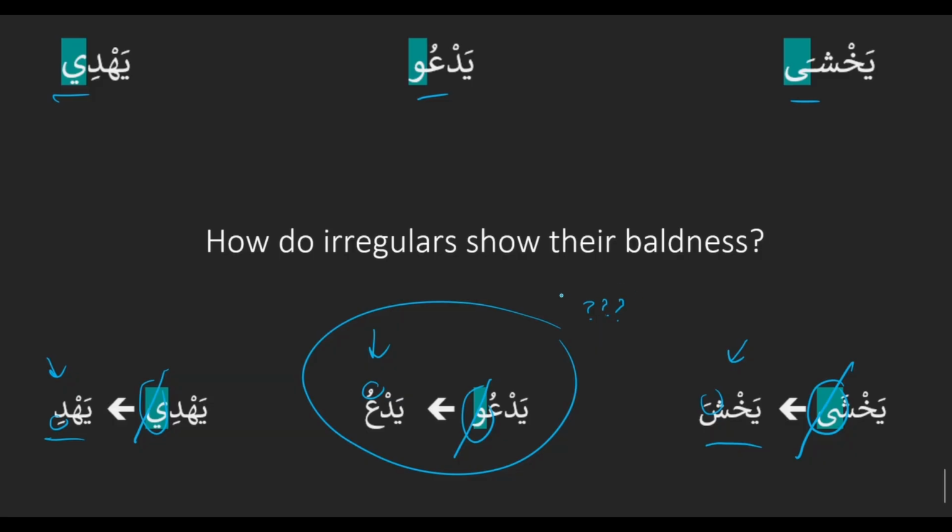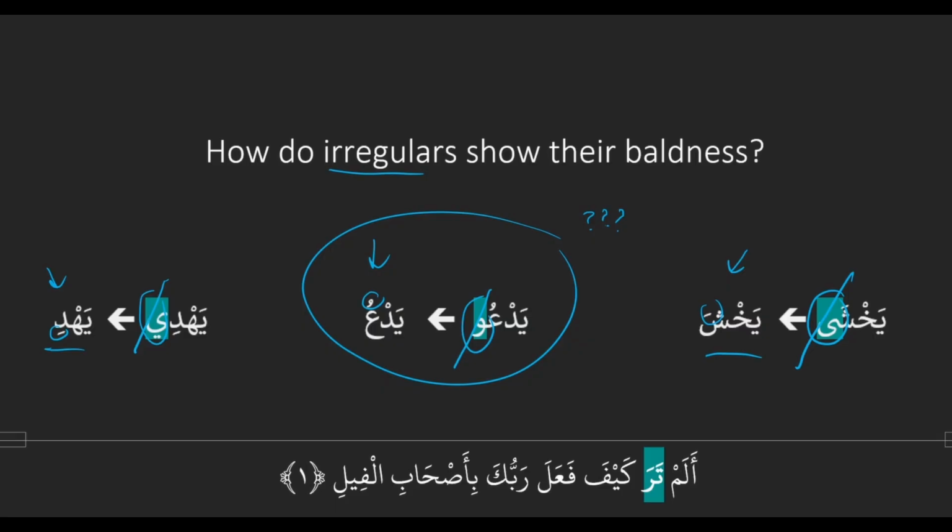We studied our 5 scenarios of jazm, so one of those will apply. You'll see a reason, like a jazm particle, a conditional word, or a la in front of it, something like that. The fact that it's irregular doesn't change that. So is that clear? An irregular action is when you have a vowel ending, and the way it shows its jazm is by dropping.